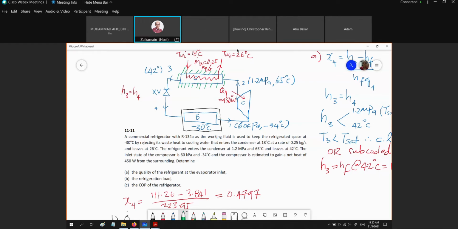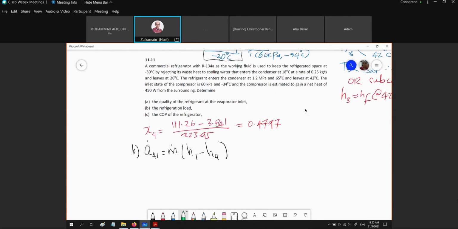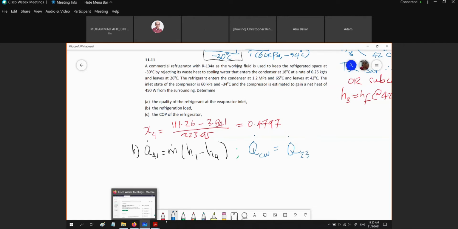So we could write the equation here. The Q dot cooling water is equivalent to the Q dot of the refrigerant from point 2 to point 3. Or we can use the energy balance for the heat exchanger.